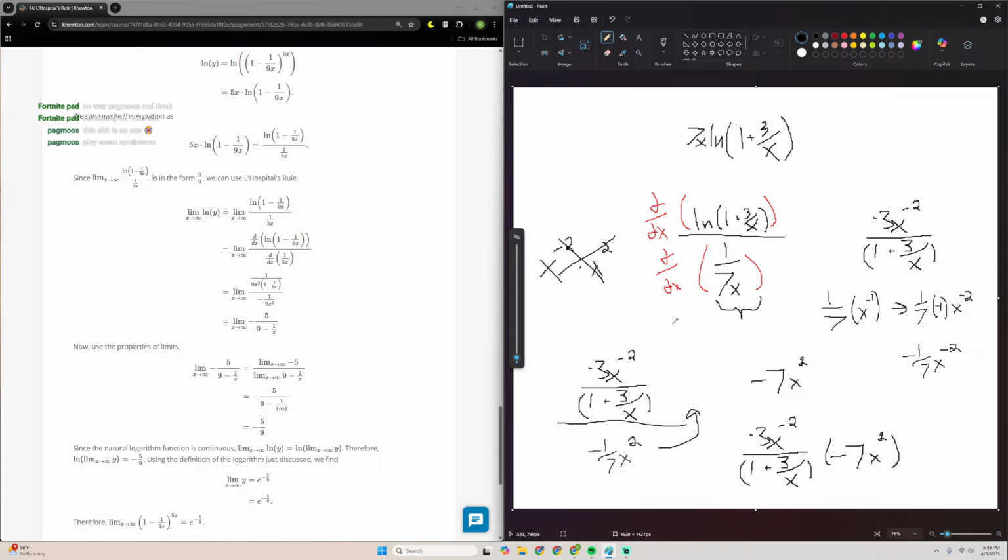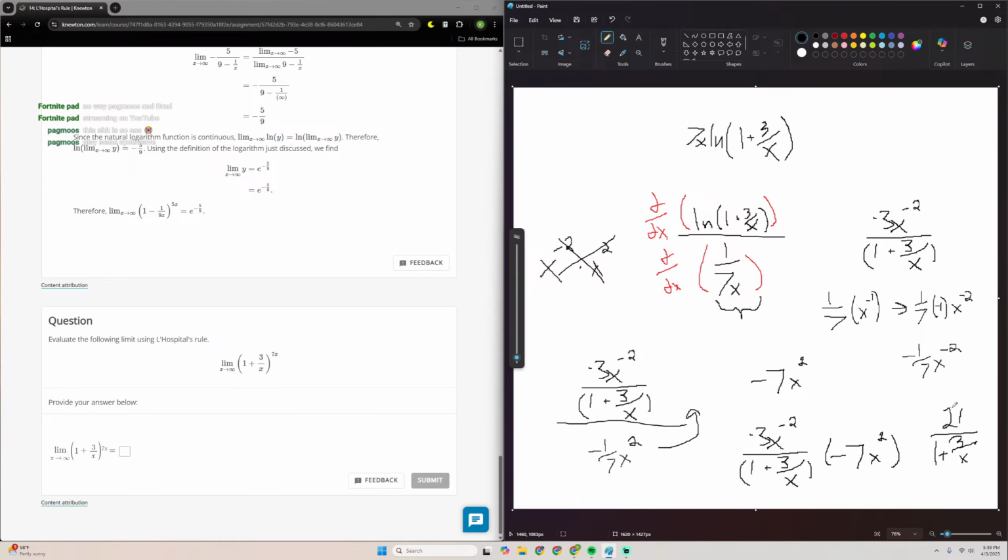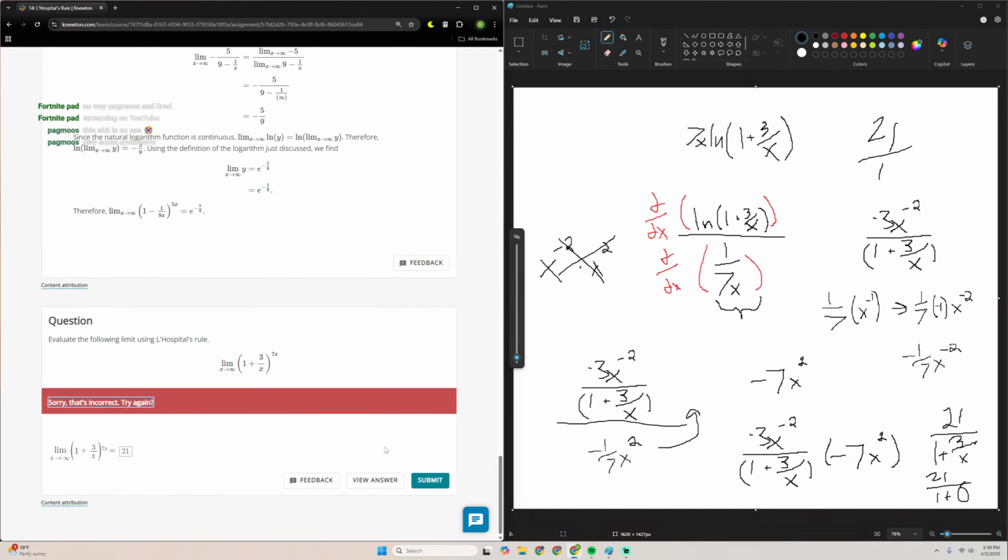So then it'd be negative 7 times 3, which is just 21, over 1 plus 3x, and x is supposed to be infinity. So that's 0 plus 1, which is 21 over 1, which is just 21. Yeah, because as x goes large, 3 divided by 1 million is closer to 0. 1 plus 0, 21. That's what I want. That is my final guess. I'm locking it in. And I'm gonna cry. That's good. What did I do?